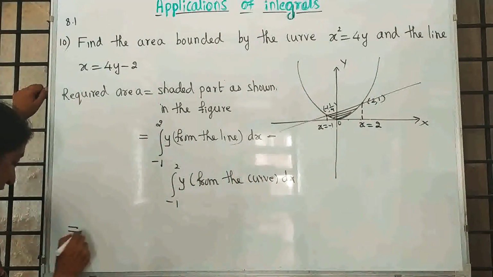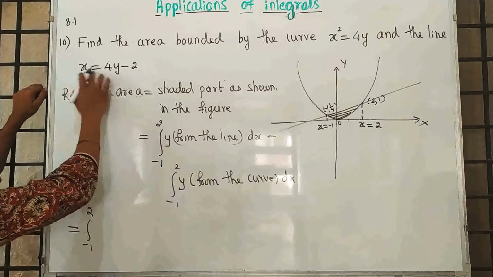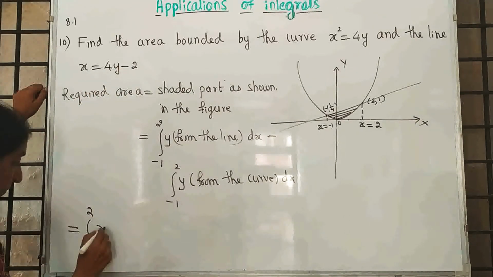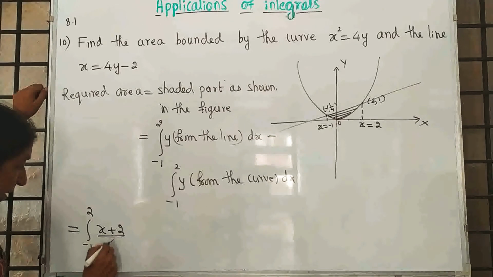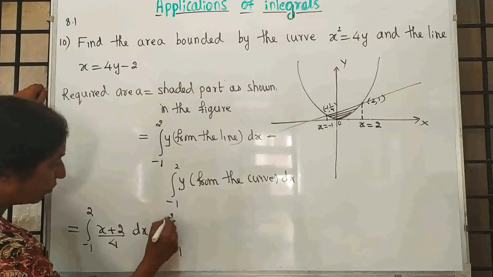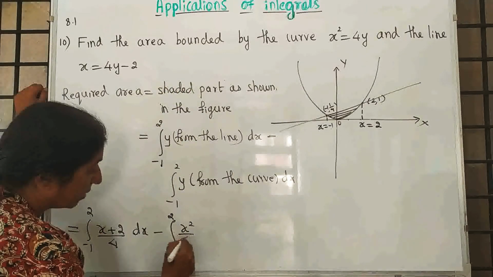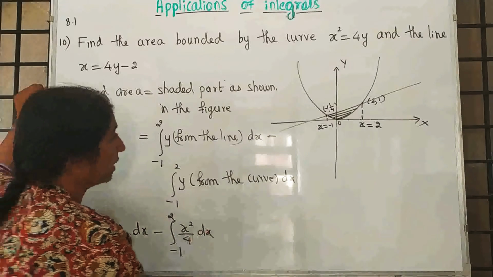Line is what? When you solve for y, you will get x plus 2 divided by 4 into dx, minus integration from minus 1 to 2 of y from the curve. Curve is what? x square by 4 into dx.